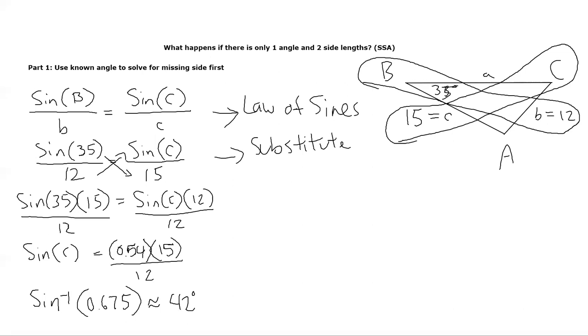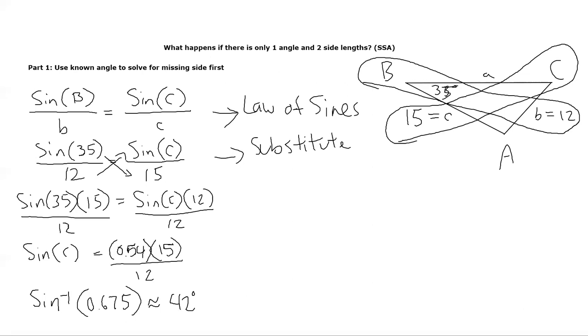Okay. Well, we're going to go with 35 because that's what the calculations say right there. Sine of 35 divided by 12 is equal to sine of C divided by 15. Now, notice that's not a normal situation. I cannot stress this enough. You are going to have to make some changes at the very end.